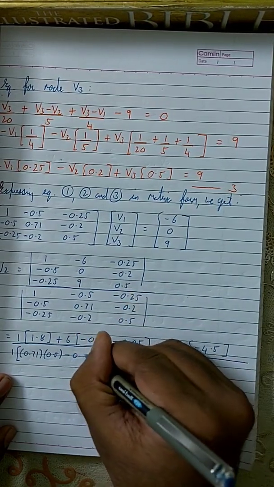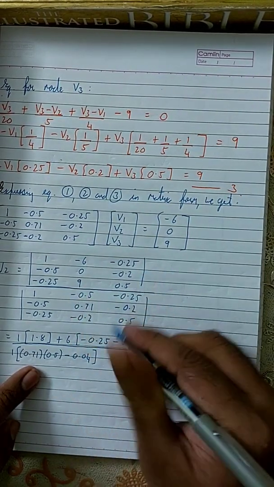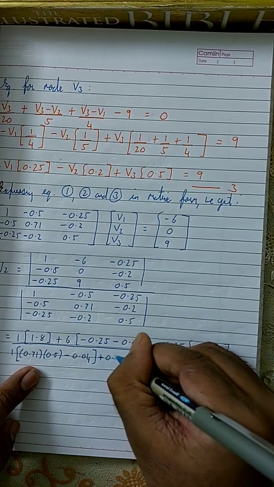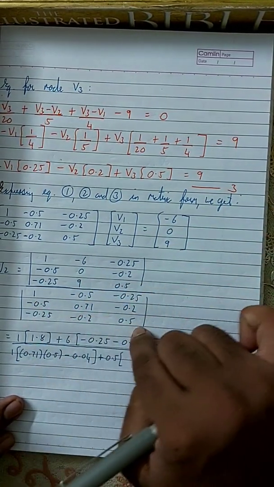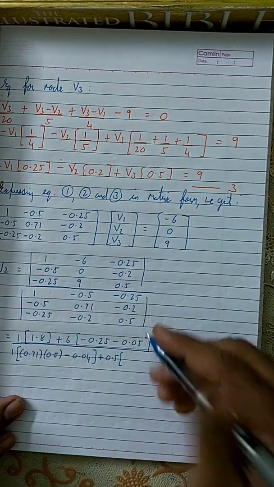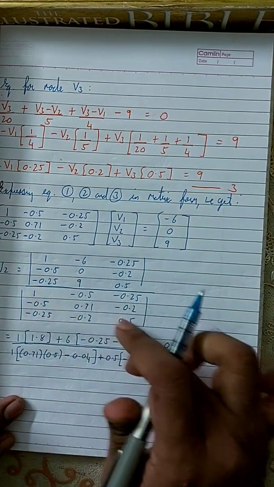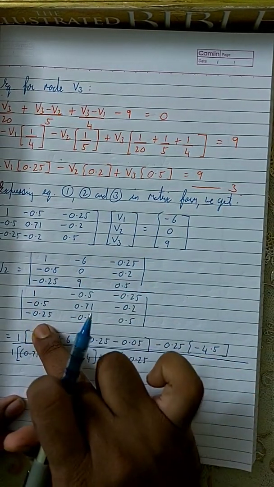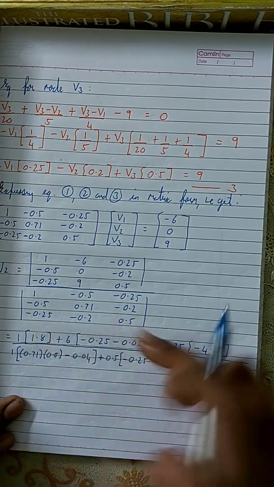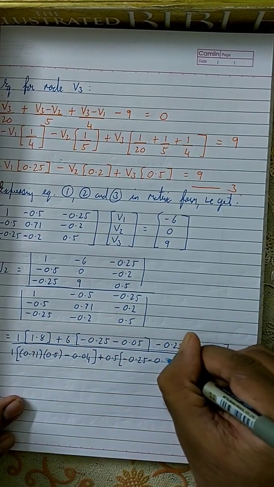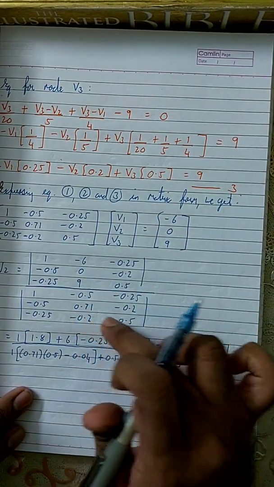Minus 0.04, okay, and this becomes plus 0.5 into, what is this? This is minus 0.25 into minus 0.25, and minus and minus becomes plus, so it is minus 0.05, right? Minus 0.05, okay, so that is the second term.